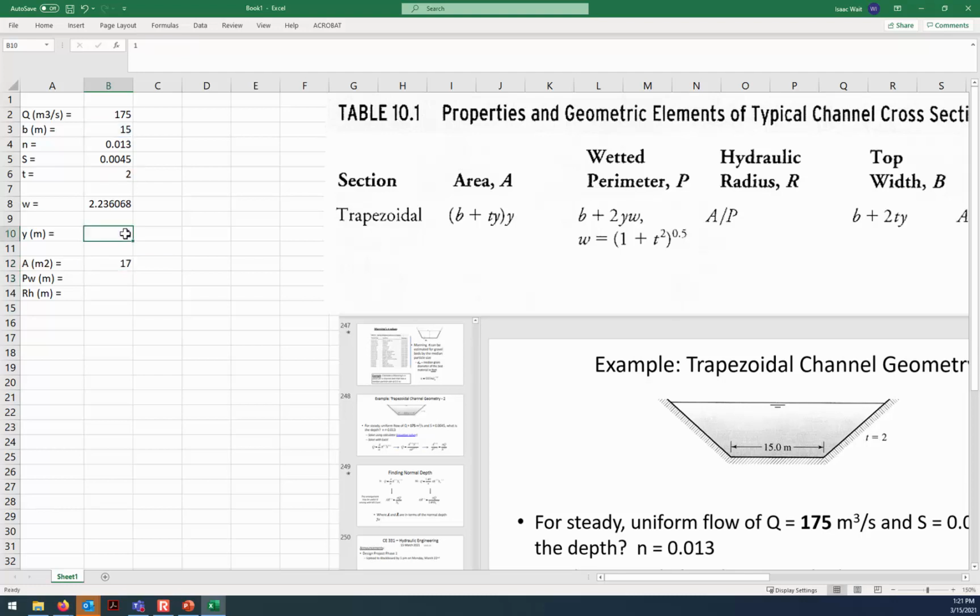And so if the water is 1 meter deep, then your cross-sectional area would be 17 square meters because you'd have 1 depth by 15, so that would give you 15 square meters as the rectangular component of that. And then you'd have 2 triangles that were 1 by 2. And so if you take those 2 side triangles and add them together, it's like another rectangle, isn't it?